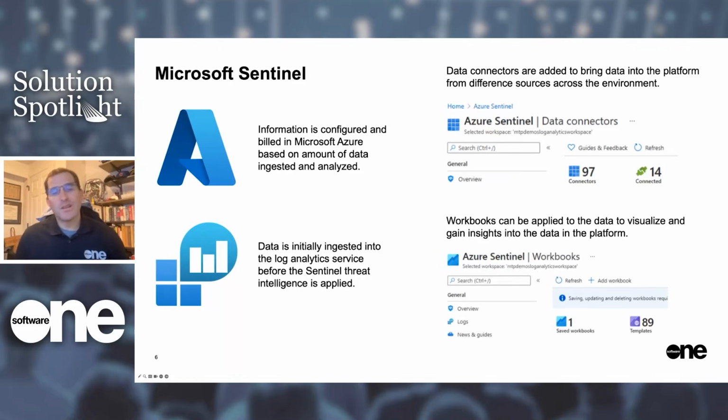Additionally, and we're not going to go as deep into this today, but it's important to understand, once you have the data coming into the platform, you can begin to really apply the intelligence on top of that. So I chose to highlight workbooks here specifically. Workbooks give you the ability to visualize the data coming into the platform really effectively.